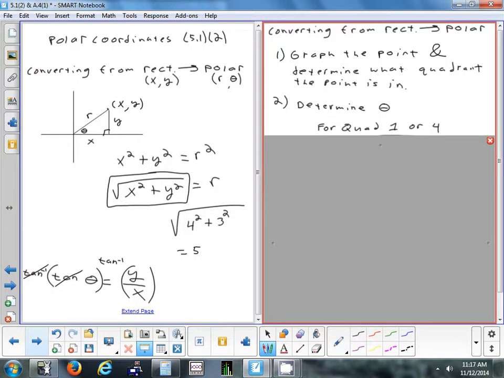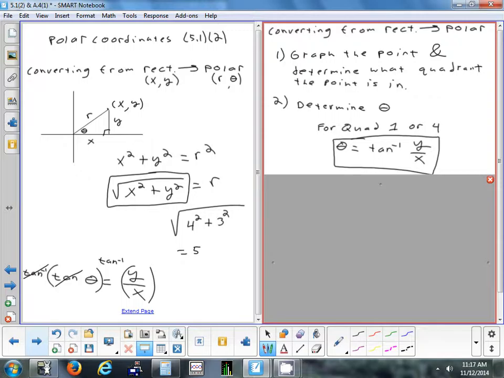If theta is in quadrants 1 or 4, and you're going to know the quadrant because you graph it, you're going to have a point like 2, 7. Graph it, see the quadrant it's in. The formula for theta is the formula we just came up with: inverse tangent of y over x. The problem with doing inverse tangent, though, is you're always going to get an answer between negative 90 and 90.